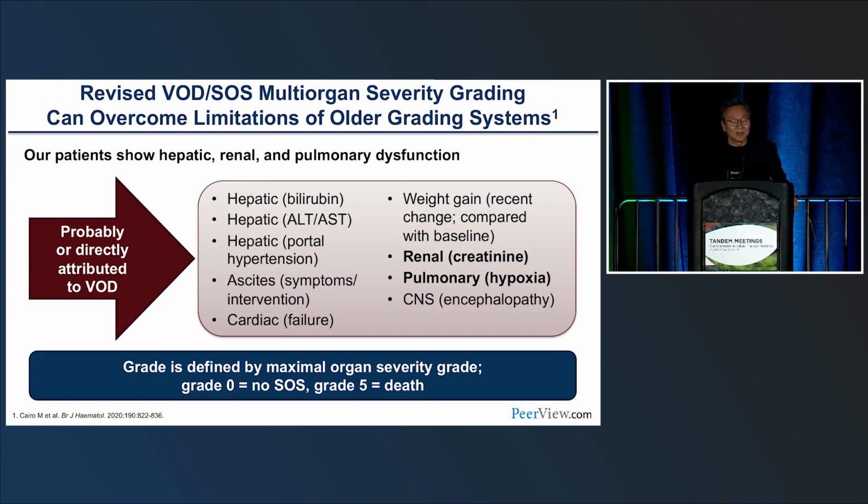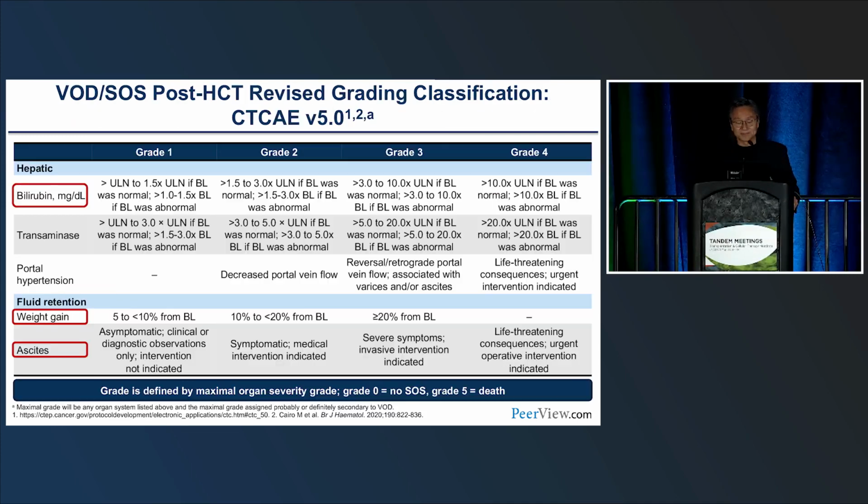And looking at this multi-organ grading, you can have hepatic, renal, or pulmonary dysfunction based on probability or directly attributed to VOD. The measurements of hepatic function include bilirubin or liver function tests, portal hypertension, ascites, and cardiac failure, weight gain compared to baseline, and especially the renal and pulmonary toxicities.